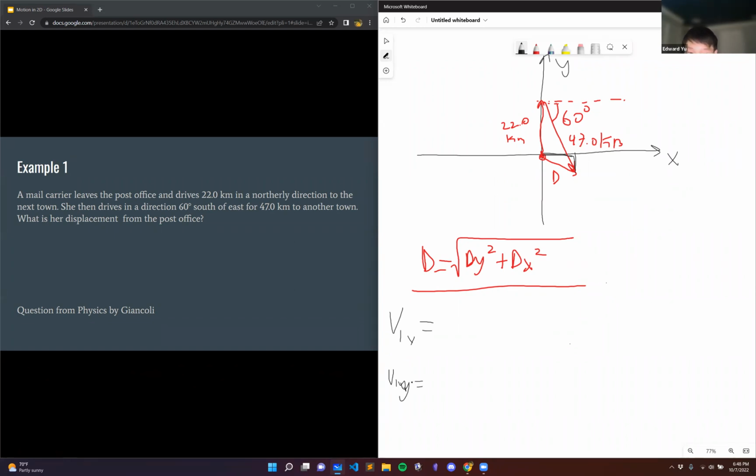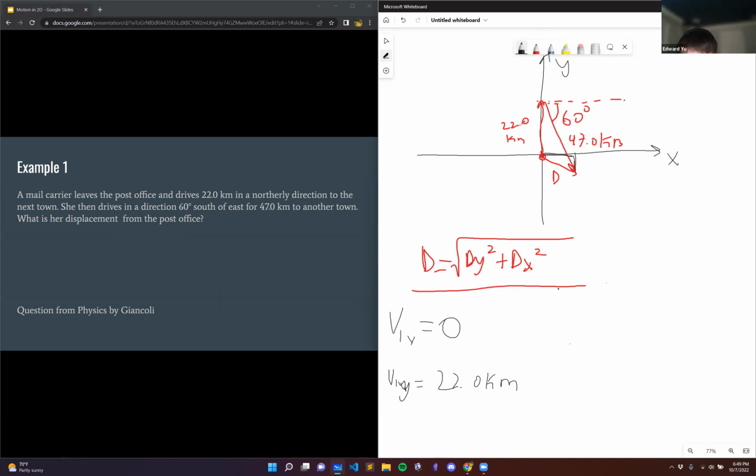So for this vector V1, you can see that it's only going north. So there's zero component for the x and 22.0 kilometers further north for the y direction. So that's for our first vector.